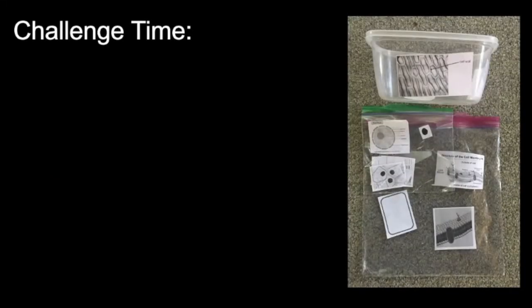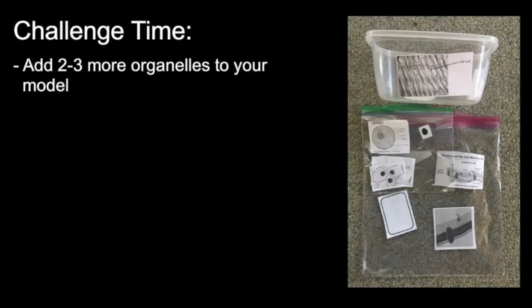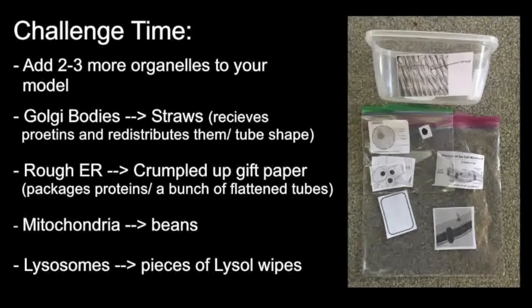This activity, I'm going to challenge you to create 2 to 3 more organelles for your own model of the cell. Some examples I'm going to use are Golgi bodies, which I'm going to use straws to represent. Golgi bodies receive proteins and redistribute them throughout the cell, and they are a tube-like structure.